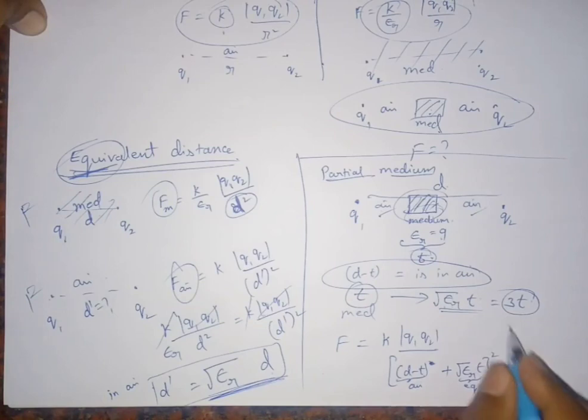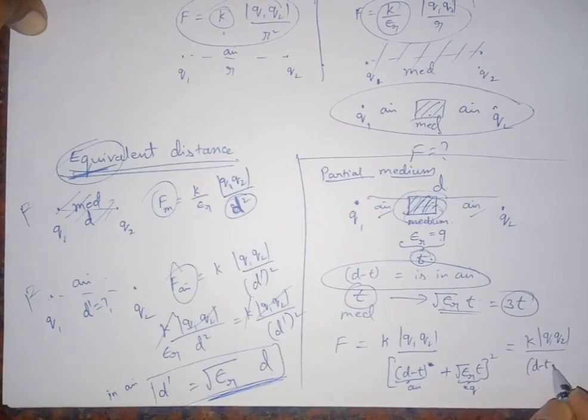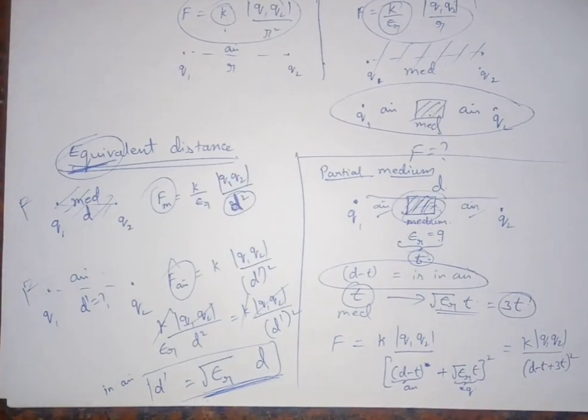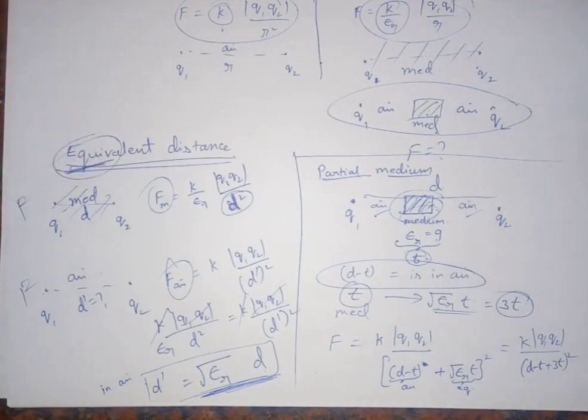Now substituting that epsilon r, we end up saying k q1 q2 upon (d minus t plus 3t) whole square. That's it. So this is the expression, the equivalent distance. That means if something is in air, we write its equivalent distance in air, which is nothing but the same.